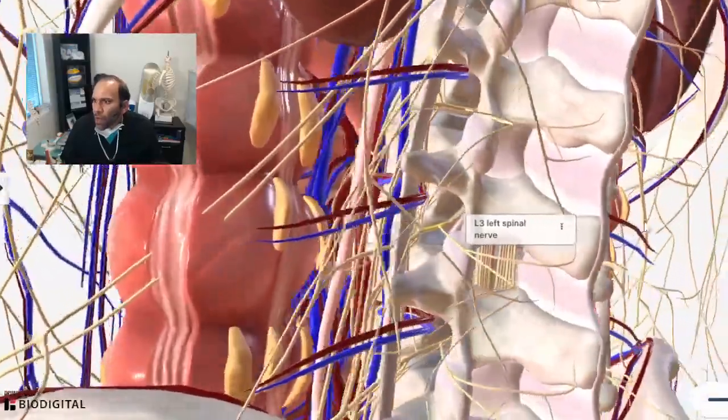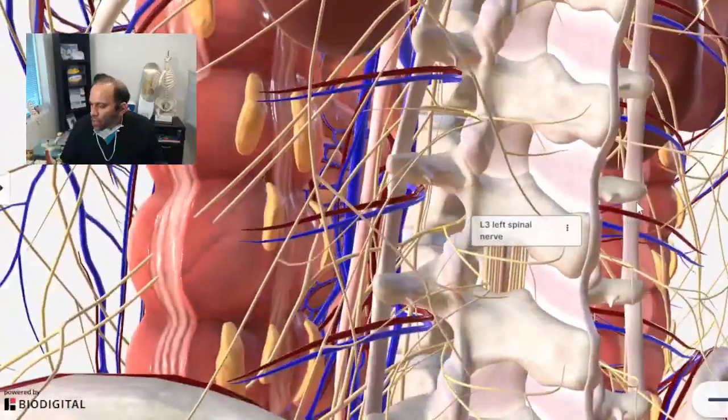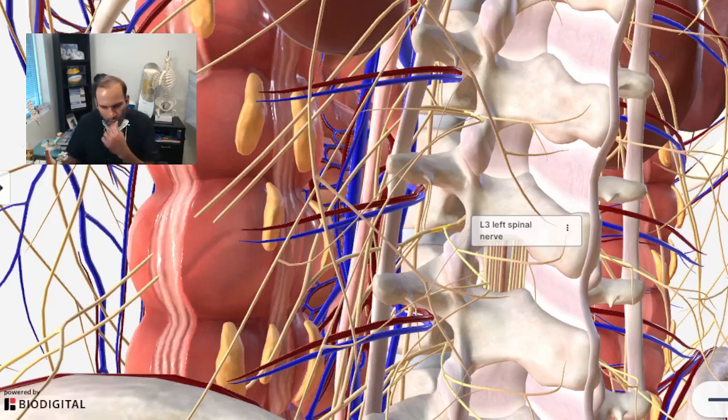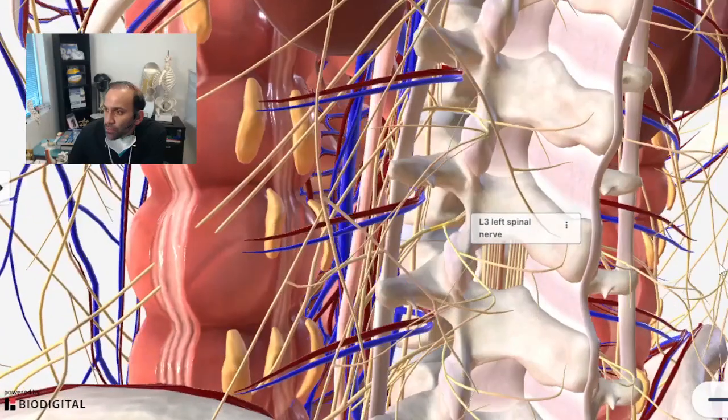Now, when we think about back pain, there are a lot of different things that can cause back pain. There are things like the facet joints, there are the ligaments, there are the muscles, there are the discs, and finally there are the nerves.